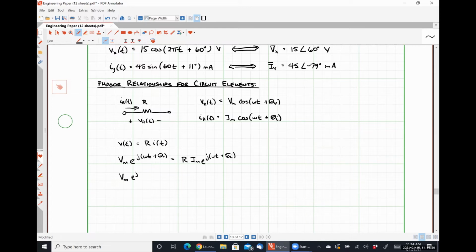I'm going to break my exponential function up into the product of two exponential functions. So e^(j(ωt + θv)) can be written as e^(jωt) multiplied by e^(jθv). And I can follow suit on the right-hand side.